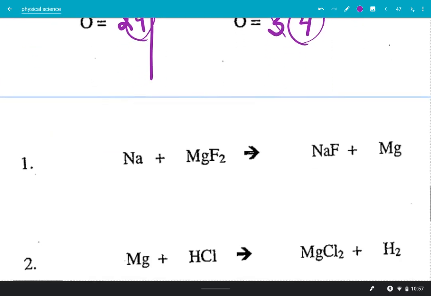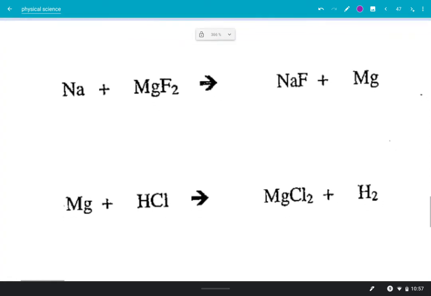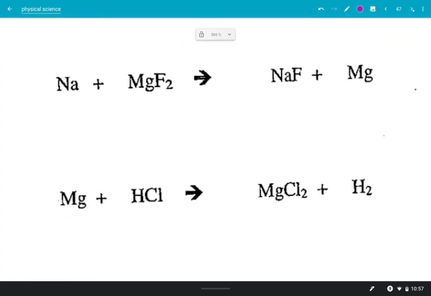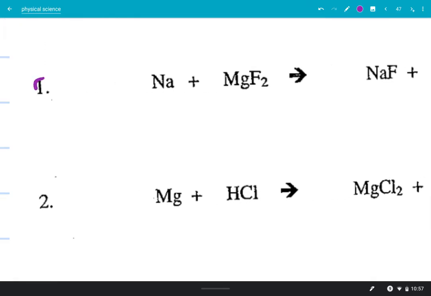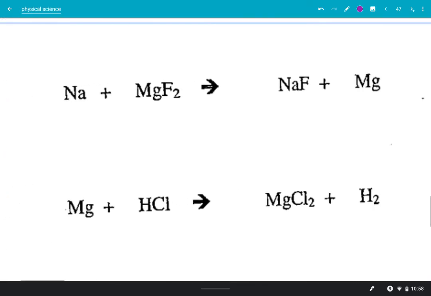So, our next step. We're going to call this question 5. Okay, so same stuff on the right side as the left side. Same stuff in the product as the reactants.